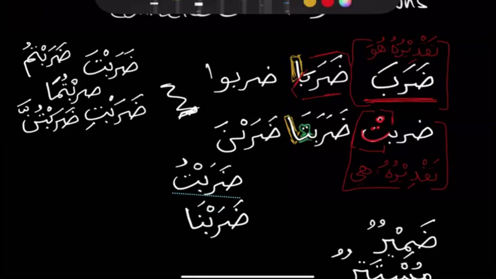So the verb is daraba. We have our verb. Daraba. If it's feminine, then we need a sign of femininity to tell it from the masculine. So we're going to say darabat.